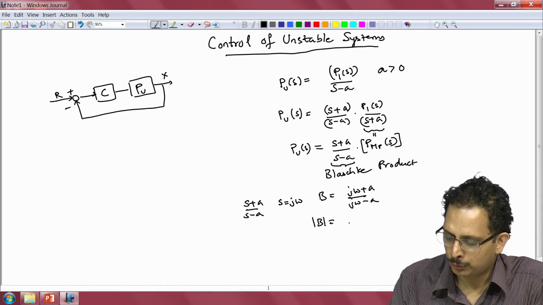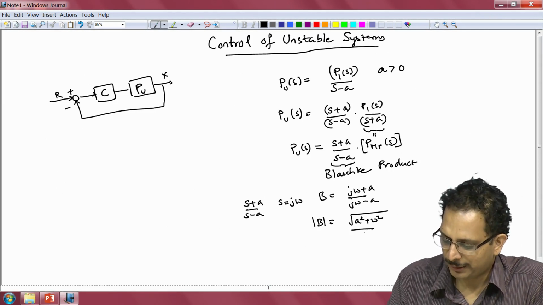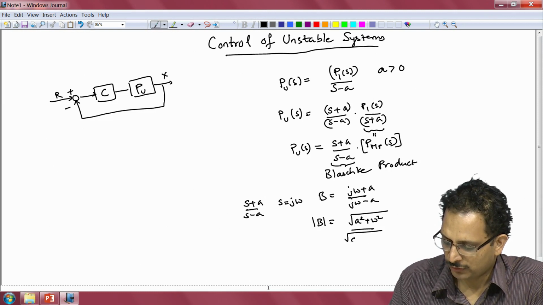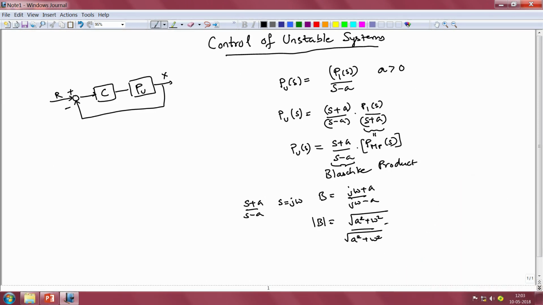It is going to be equal to square root of A square plus omega square divided by once again square root of A square plus omega square, and that is going to be equal to 1. So just as in the case of non-minimum phase systems, the Blaschke product in this particular case for the unstable system also has unit magnitude over the entire frequency range, independent of the frequency omega.